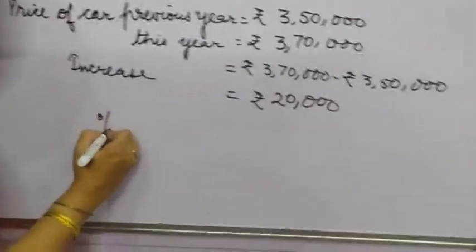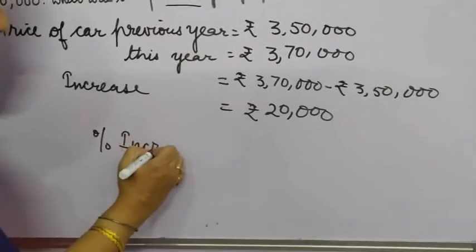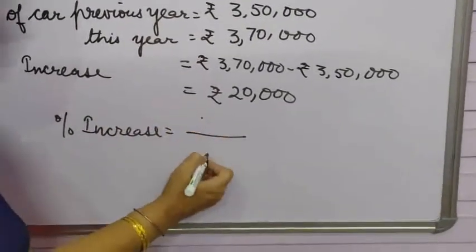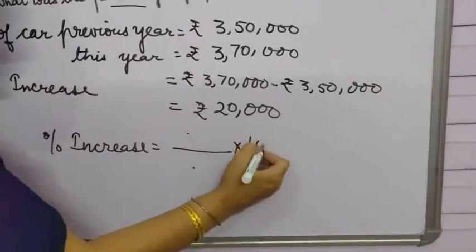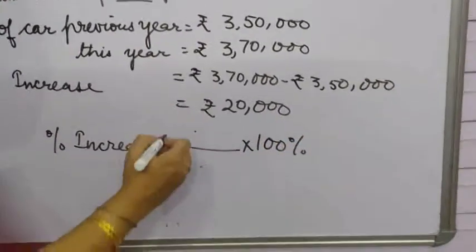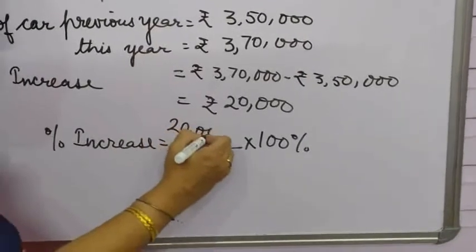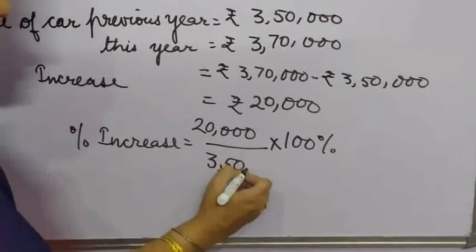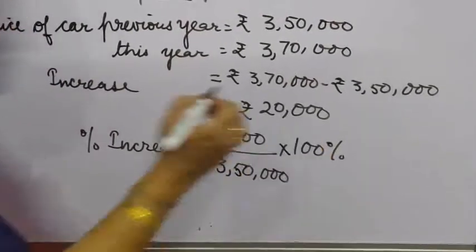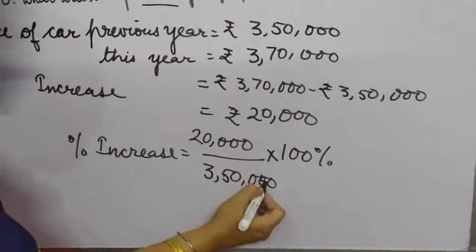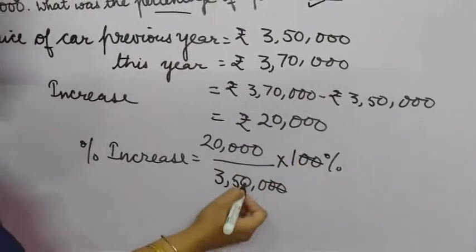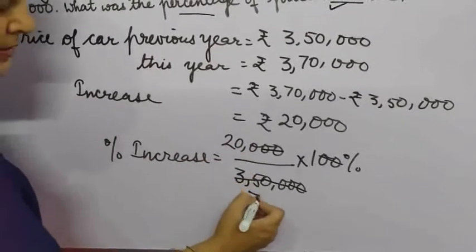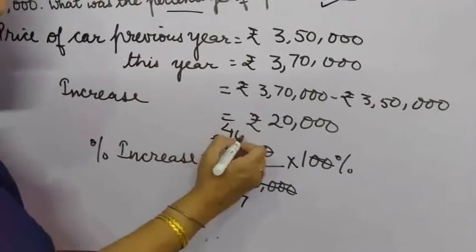Now we are to find out the percentage increase. To find the percentage increase, it is increase upon original price multiplied by 100%. The increase is 20,000 and the original price was 3,50,000, multiplied by 100%. Now let us divide this by 100. Again by 100. Now let us divide this by 5. 7 and it is 40.